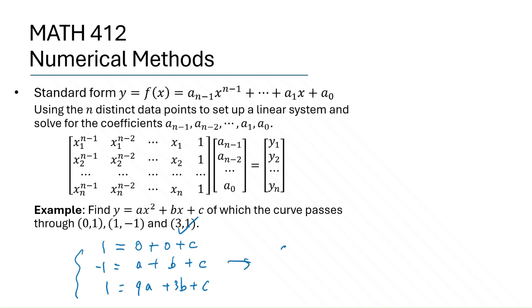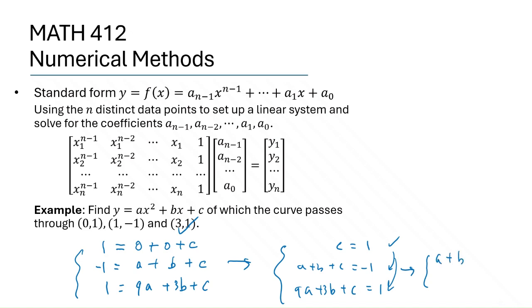So we have a system in 3 variables. c is 1. a plus b plus c is -1. 9a plus 3b plus c is 1. You just solve it for a, b, c. Now c is fine. You put it into these 2. We can change it to: a plus b is -2, 9a plus 3b is 0, right?